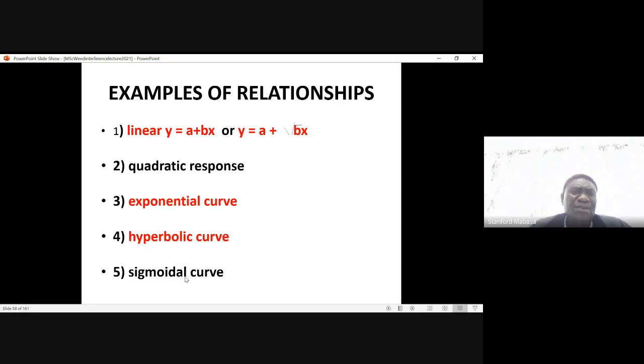But otherwise, if you plot weed density versus crop yield loss, you may get a linear response, or you may get a quadratic response, or an exponential curve. This depends on the number of your treatments. But I'm just displaying possible relationships. But 4 and 5 are the common ones.